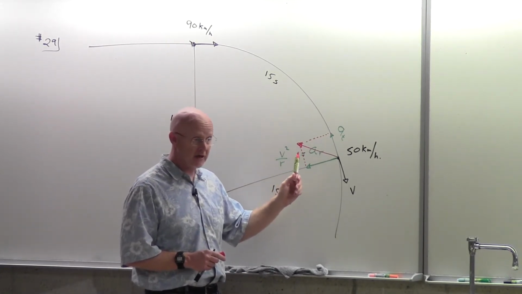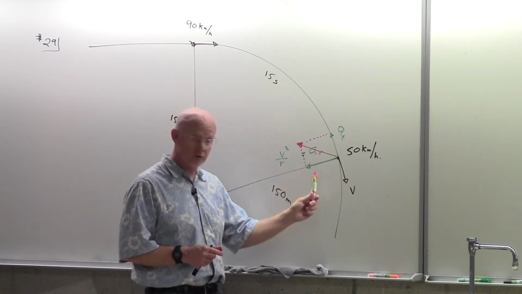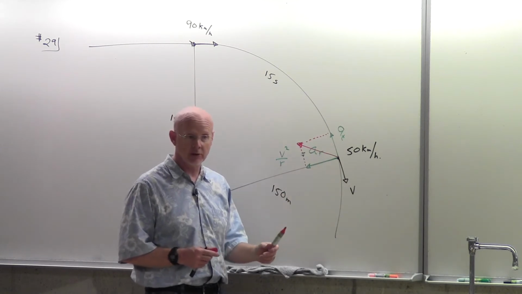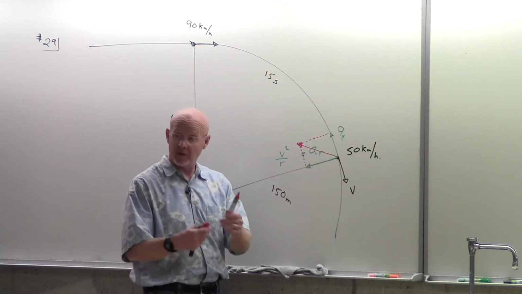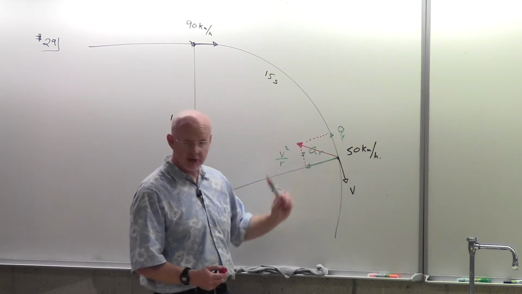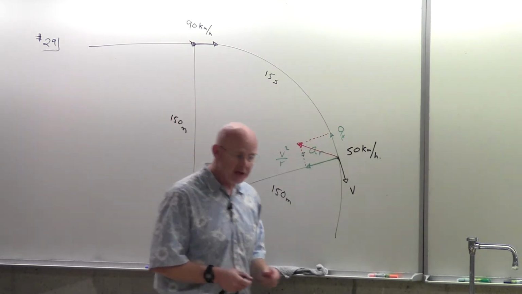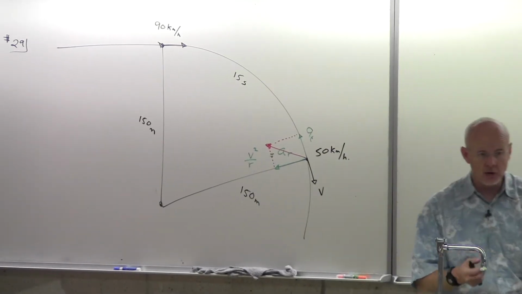That acceleration vector can be viewed as part of it towards the center of the circle and part of it tangential to the circle. The part towards the center of the circle is the part that's making it turn. The part that is tangential to the circle is the part that is slowing it down. So let's calculate each of those, and we can do those separately.